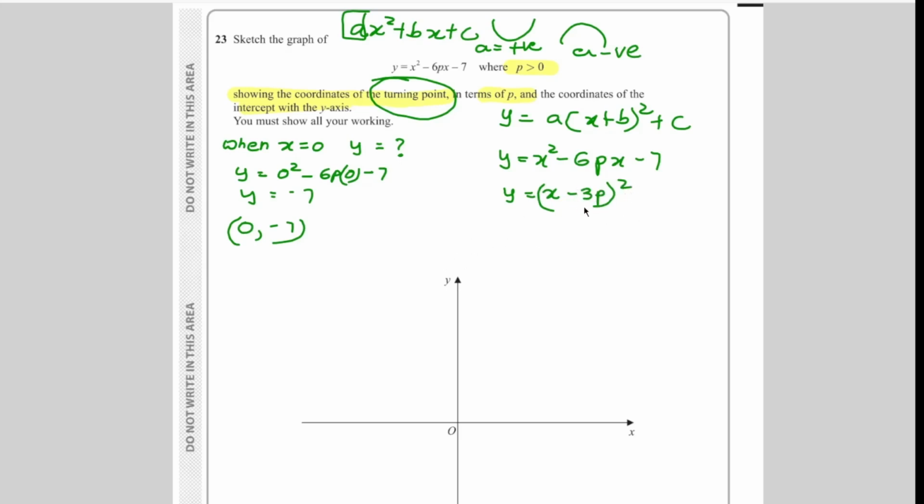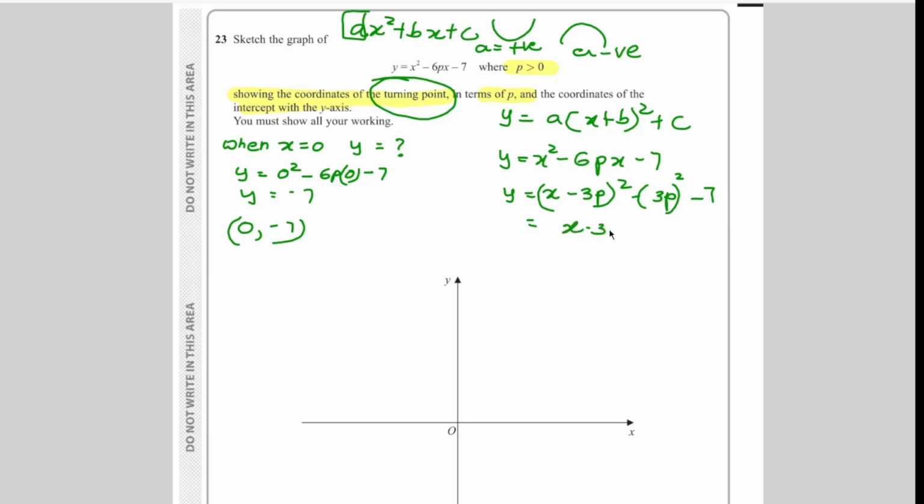After that, whatever you write here, minus it again, and square it. This one is written as it is. Then simplify.